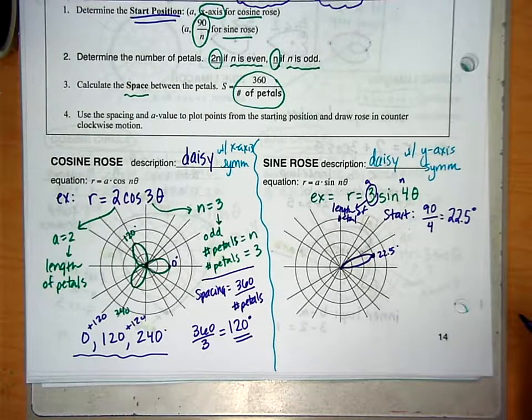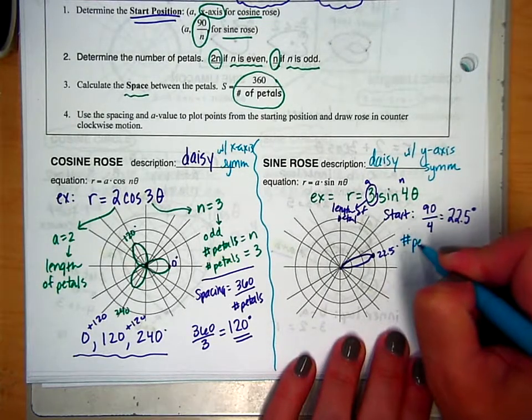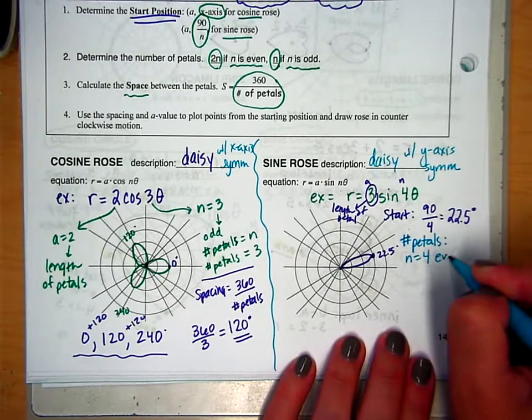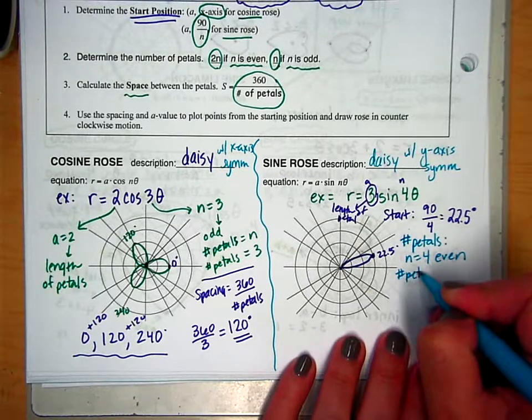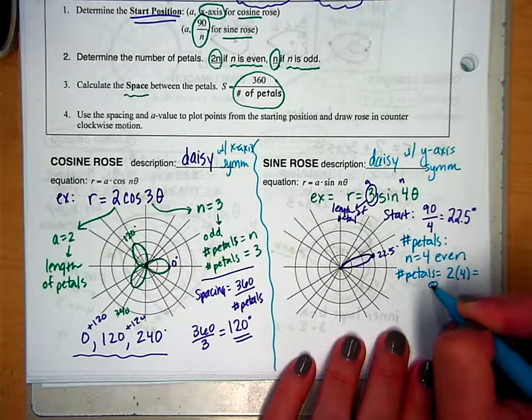Step 2, determine the number of petals. Is n even or odd? It's even. Since n equals 4, that's even. Therefore, number of petals is 2 times 4, which is 8.